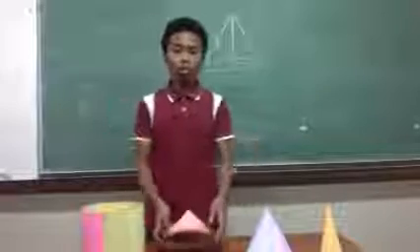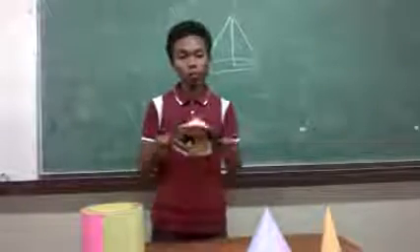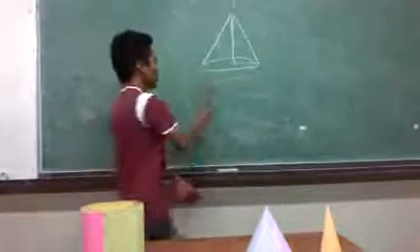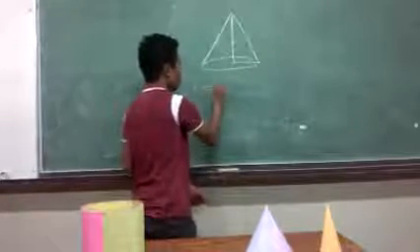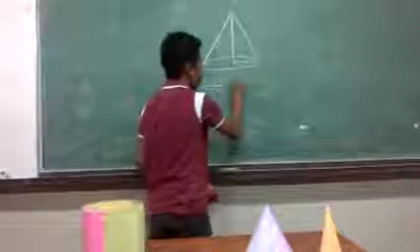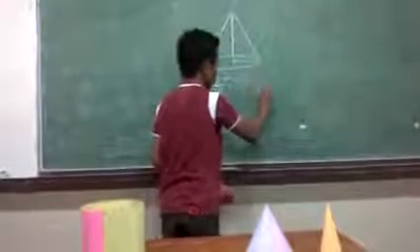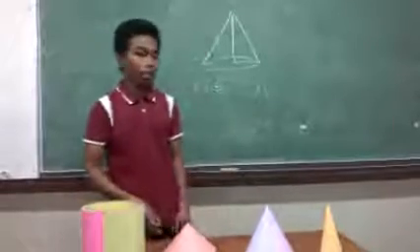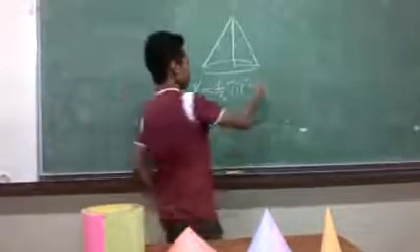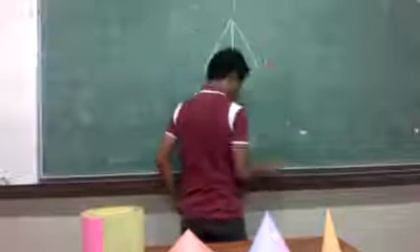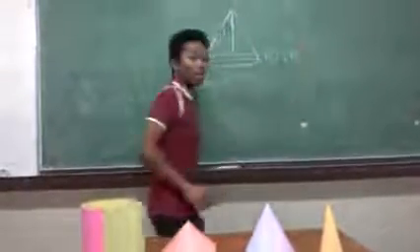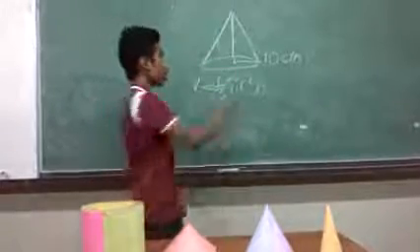For the second figure, we have a cone, and it's the same as the first cone. We have a formula of 1/3 pi r squared height. The cone has a given measure of 10 centimeters in radius, and the height is also 10 centimeters.